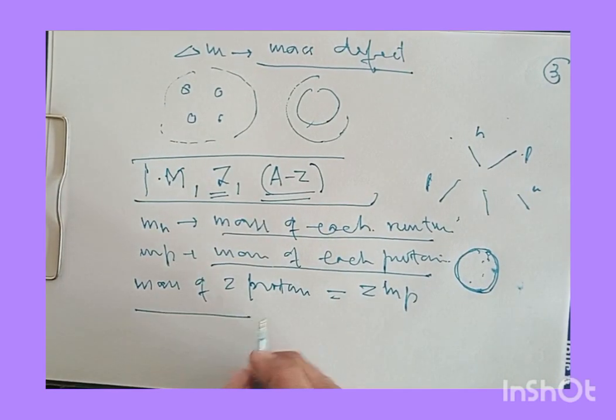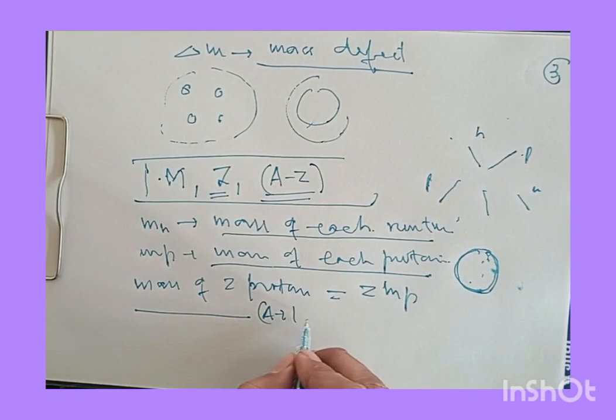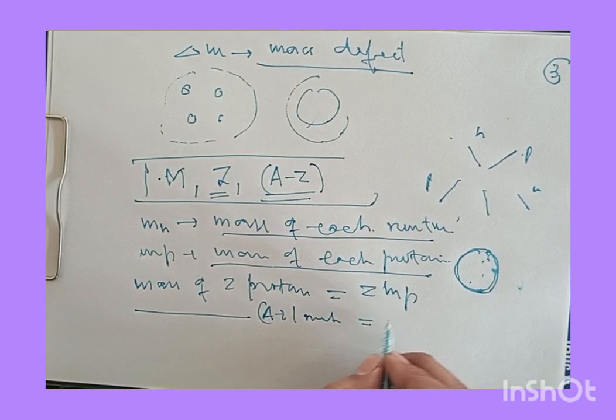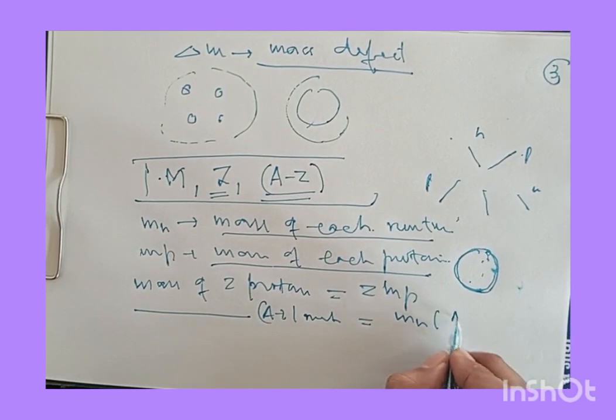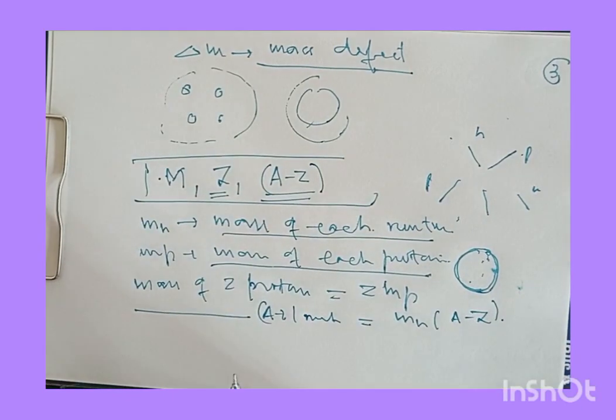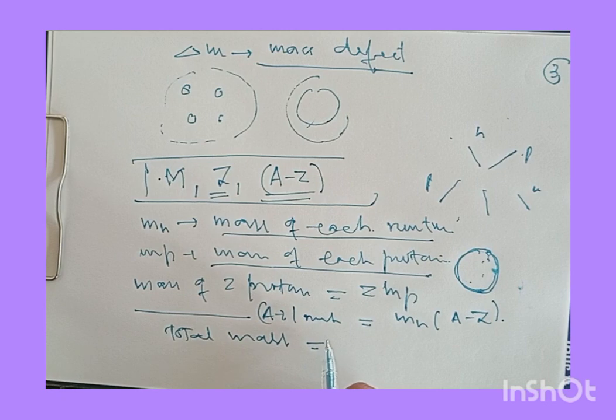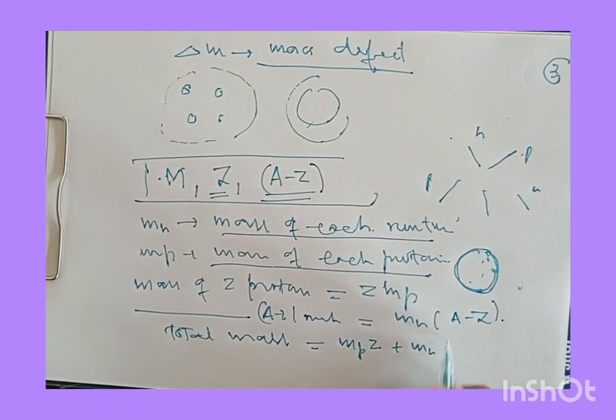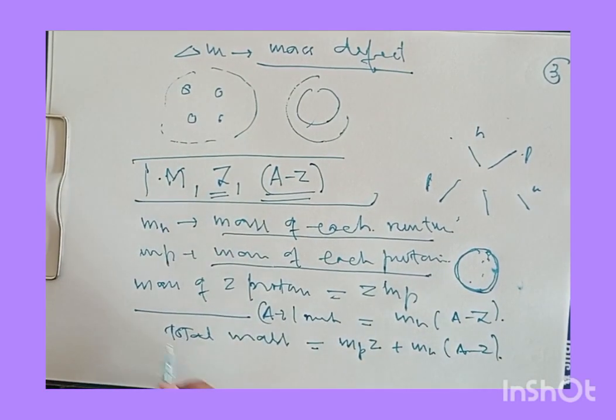And similarly, the mass of A minus Z neutrons, that will be mn times A minus Z. So the sum of the masses of the protons and neutrons, the total mass, will be Z mp plus mn times A minus Z.